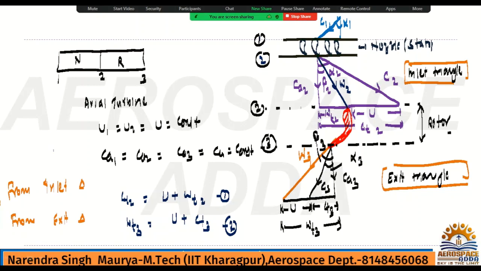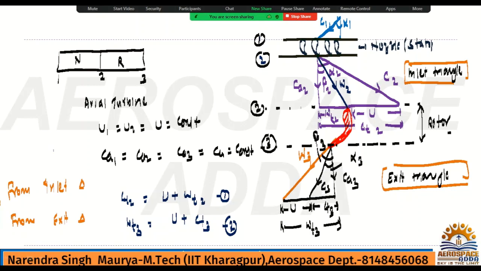Yes or no? Check that triangle. Alpha 2 is the complete angle, so you can get CT2 by CA2. CA2 is CA.